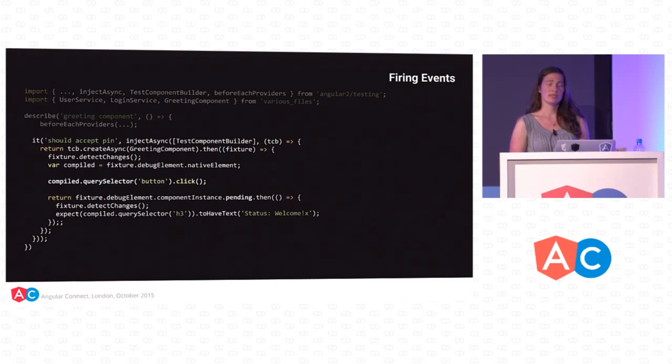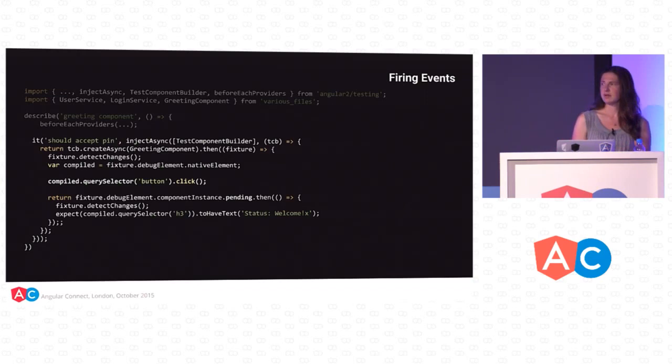If you remember, the status uses the login service, so this is going to be an asynchronous action. Fortunately, we kept a promise on our component instance, which is this pending value, so we can register a callback there that once the login is all done, we can go in, run change detection on the fixture again, and then verify the outcome that we expect.